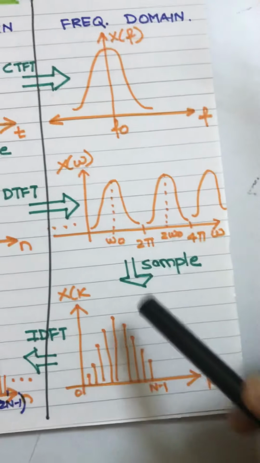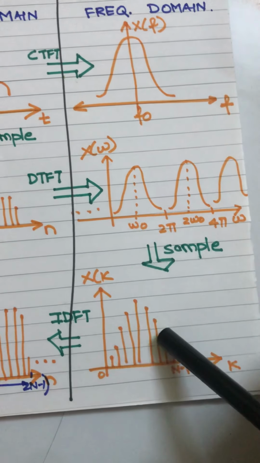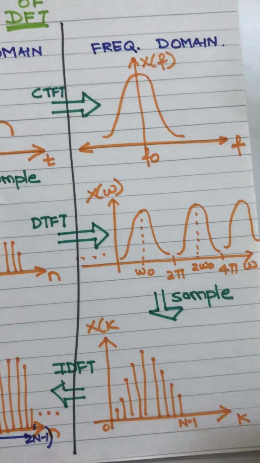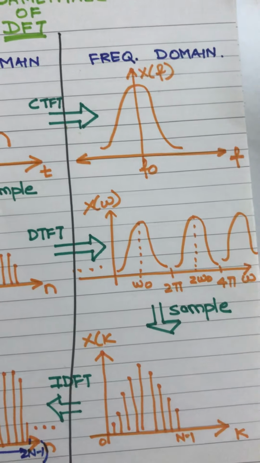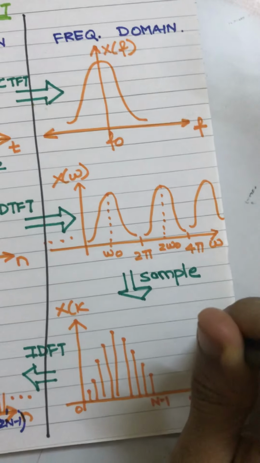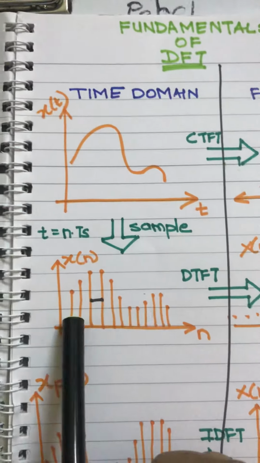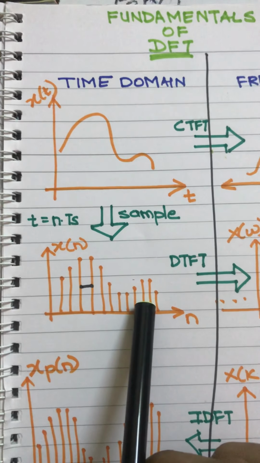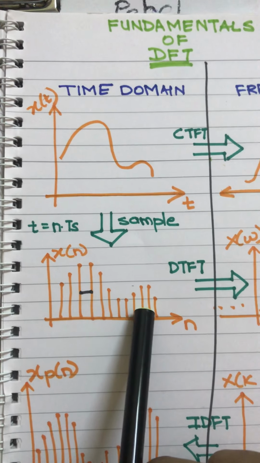So, even here, when we are sampling, we cannot take a random number of samples. We have to take samples which are more in number than the number of samples present in the time domain. Clear?